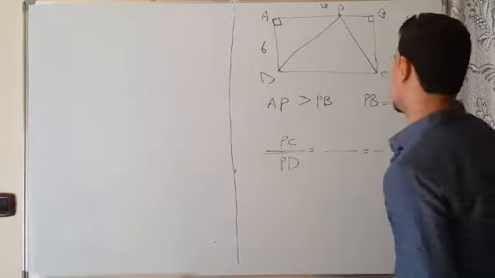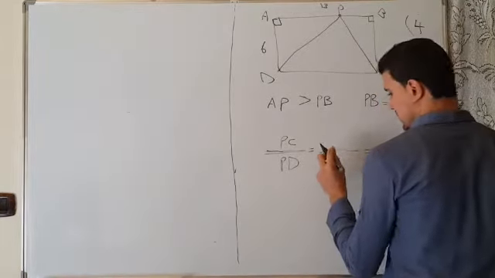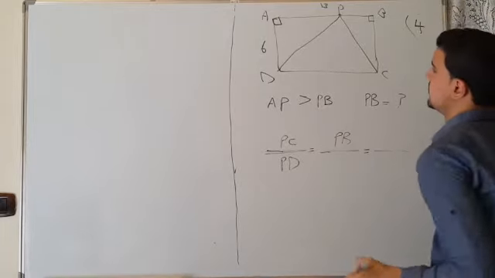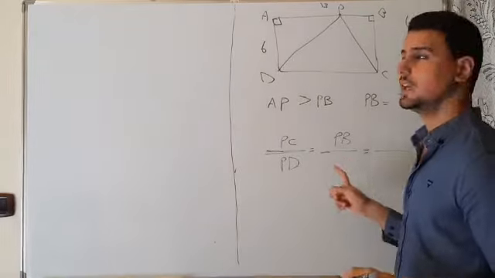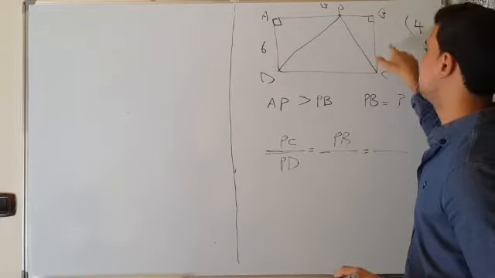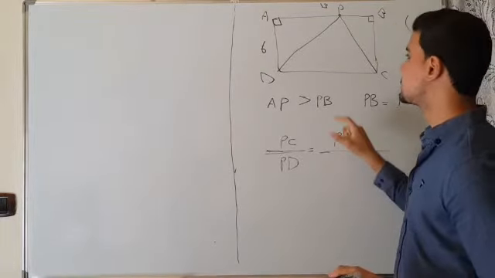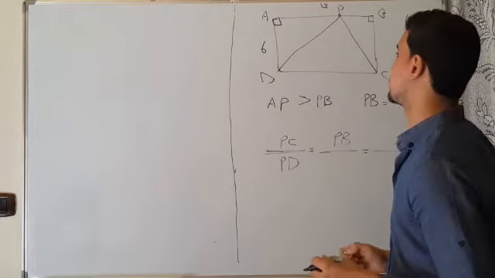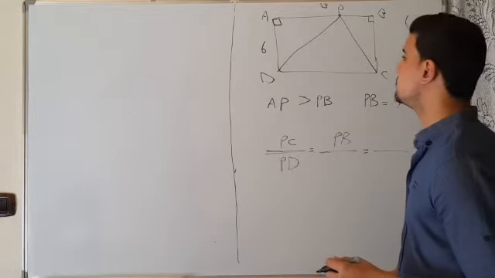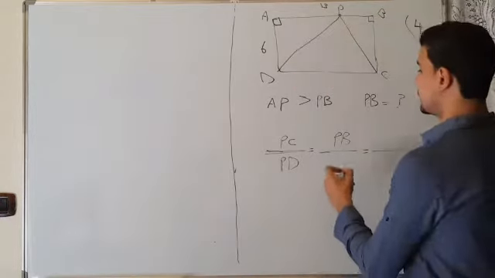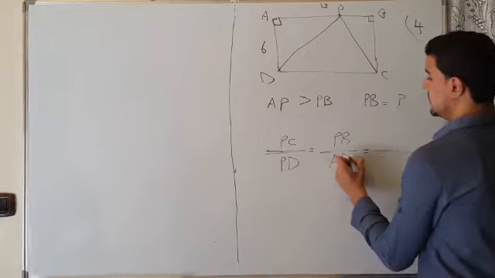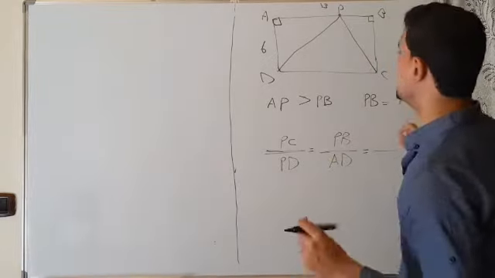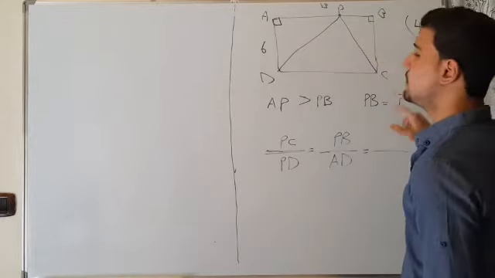Next step is also as important as the previous one, PB. In the triangle PBC, which side would it correspond with? Look at the triangle very well before answering. Yep, it should correspond with AD. Now, some of you may say, wait, no, AD must correspond with BC.